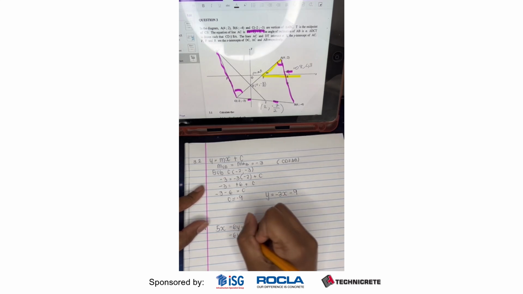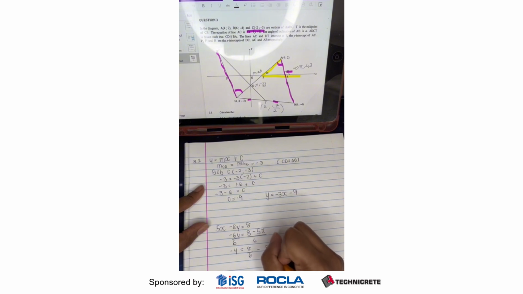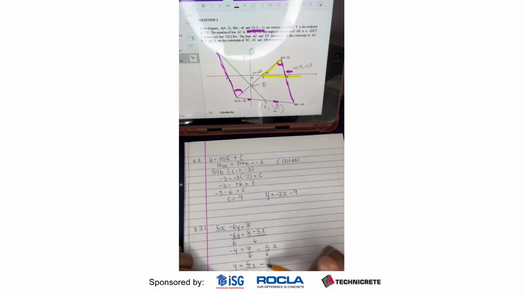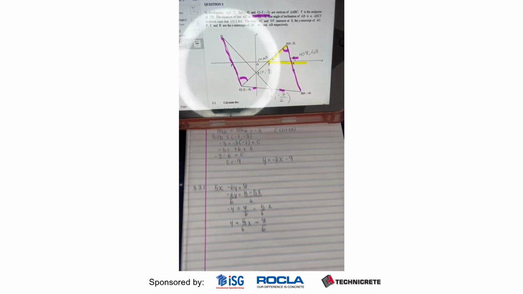So negative 6y is equal to 8 minus 5x. Going to divide by negative 6 on both sides. Going to have minus y is equal to 8 over 6 minus 5 over 6x. Swap over my signs. y is equal to positive 5 over 6x minus 8 over 6. So my gradient therefore is 5 over 6.